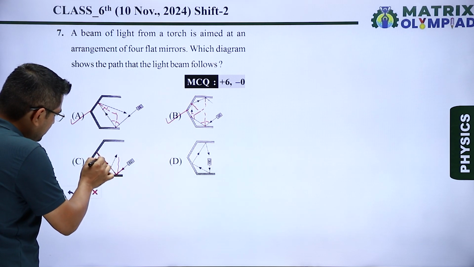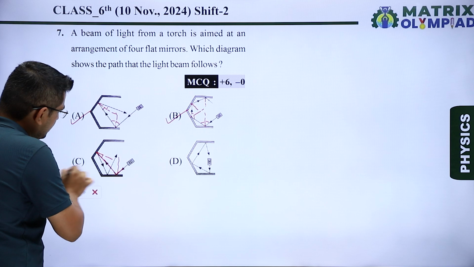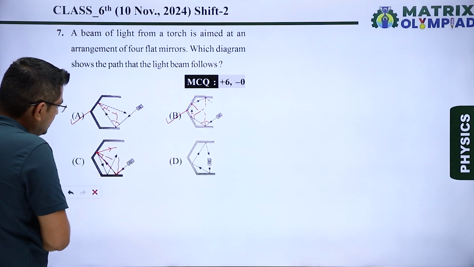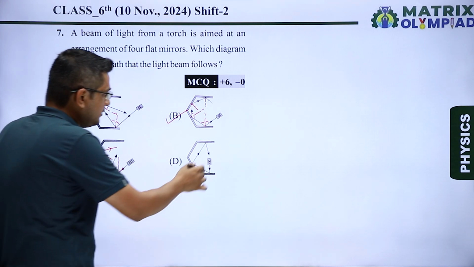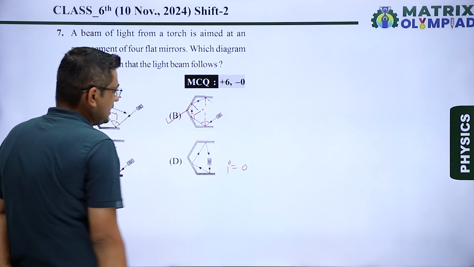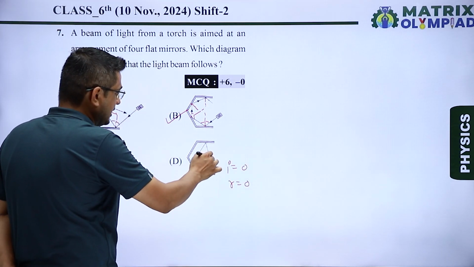When this light falls on this mirror, drawing a normal, this is angle I, then light should reflect in this direction, but it is shown in the opposite direction. So this is a wrong one. Here we can see light is falling normally, that is angle I equals 0. In that case, angle R should also be equal to 0, so light must reflect back.